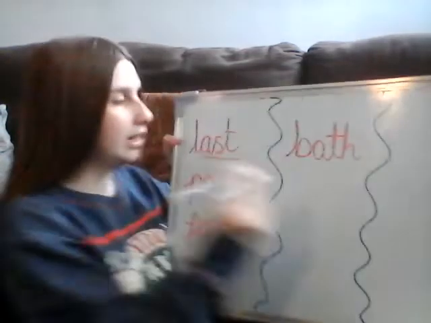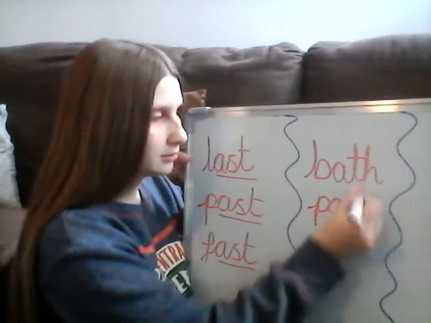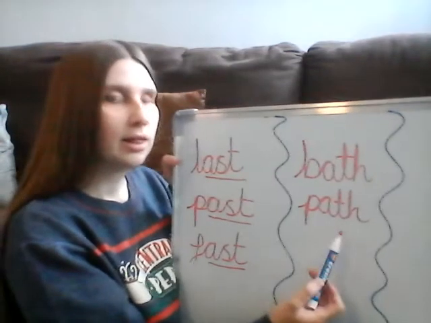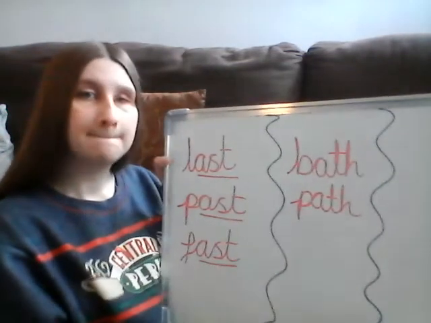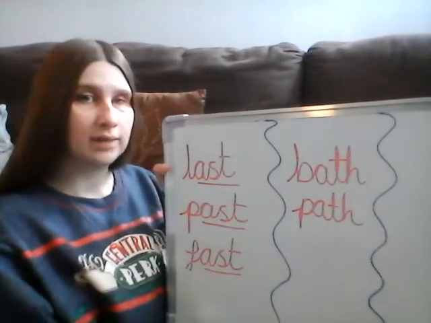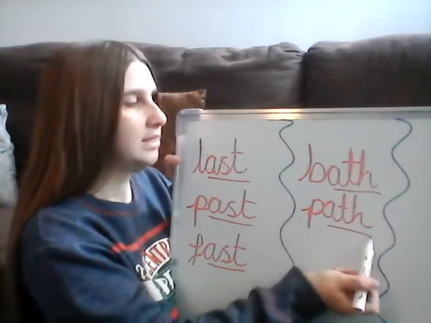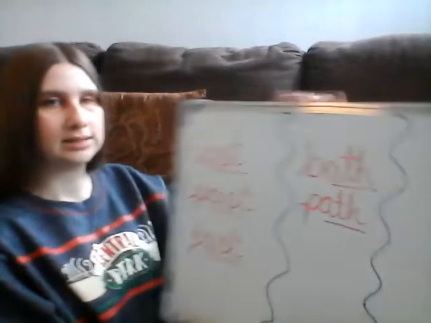And then the last word in this column is this one. Path. Like you walk down the path. Okay, so we've got bath and path, which also end in the same letters.